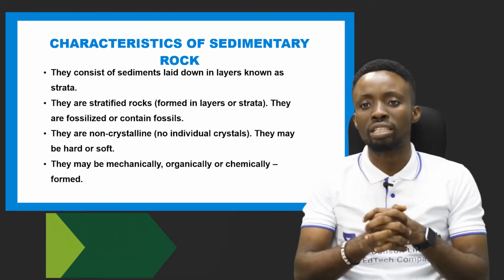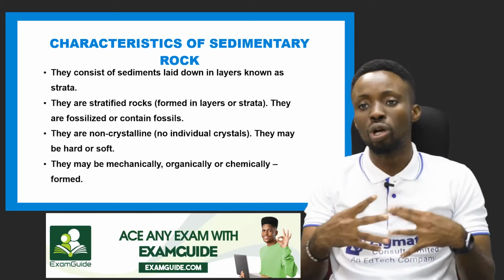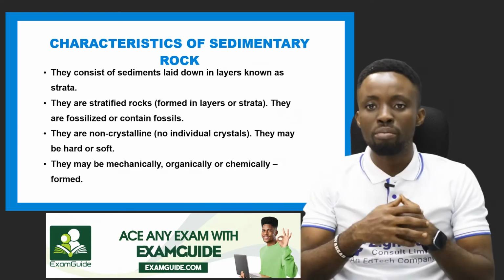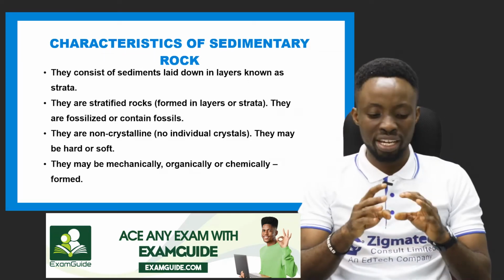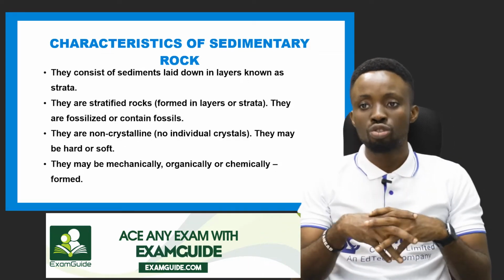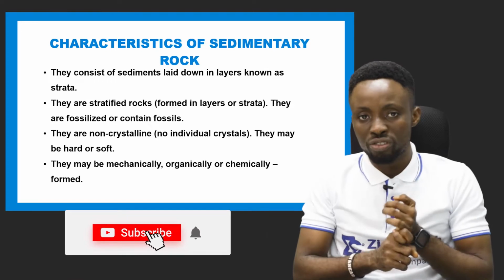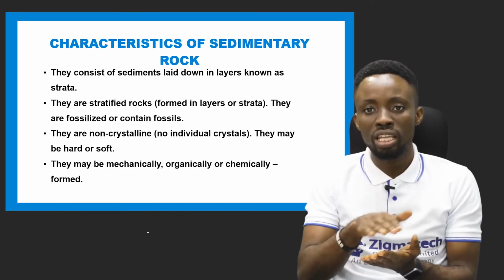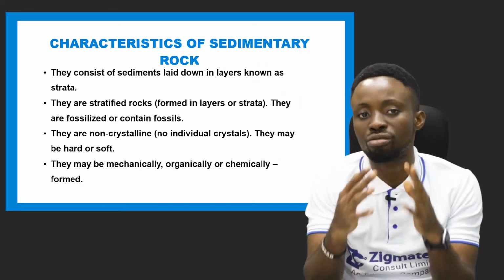Now let's look at the characteristics or the qualities of sedimentary rock. The first one is that sedimentary rocks exist in layers or strata. So they are made up of sediments that are laid down in layers, and these layers we call strata.